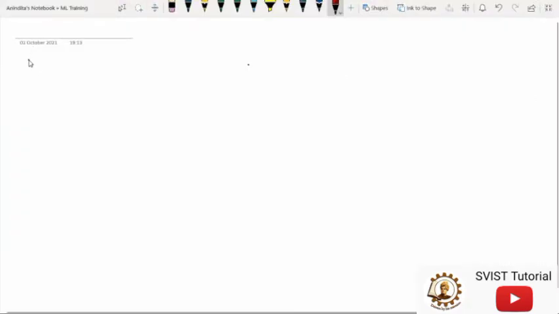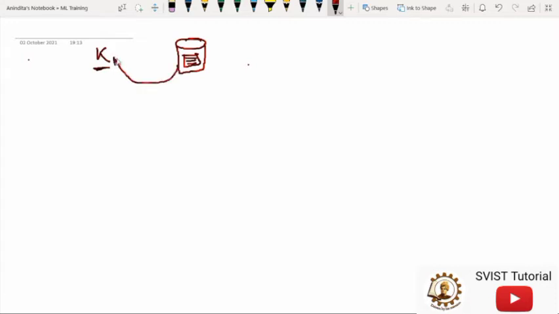So now go back to the discussion, that is K-means clustering. I'm first giving you one overview. Whenever we talk about K-means clustering, why is it known as K-means? K is the number. Basically the data set on which we are working, that is our CSV file, is divided into a set of K groups.